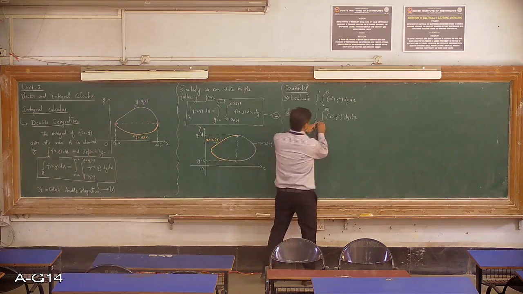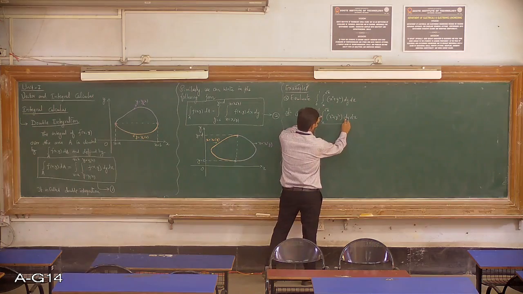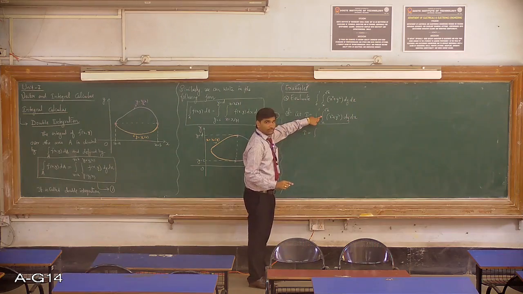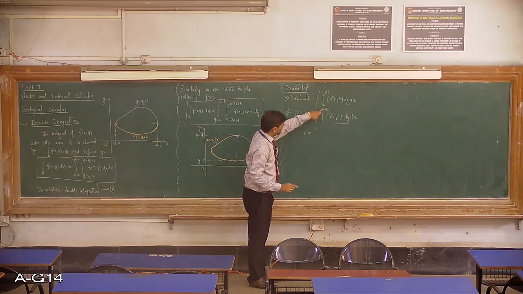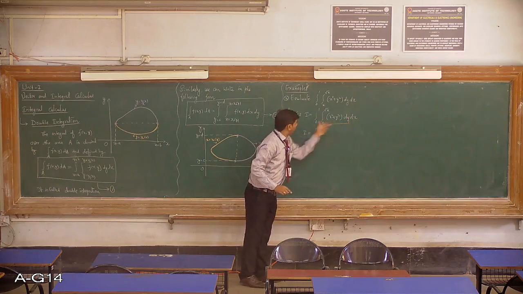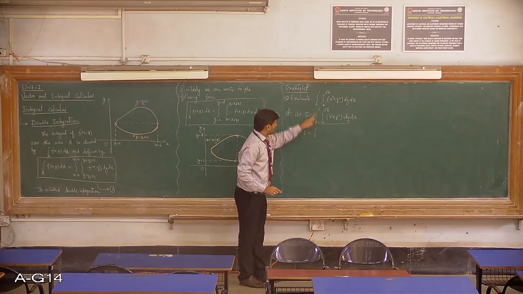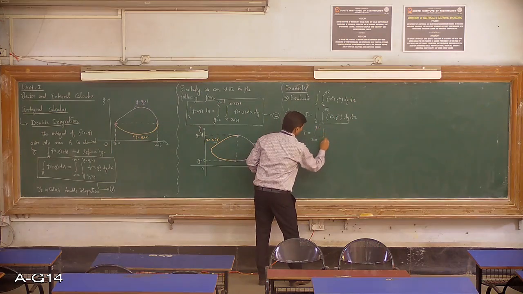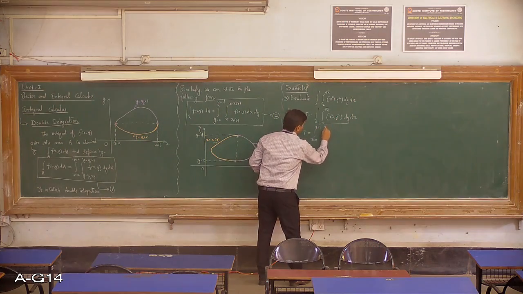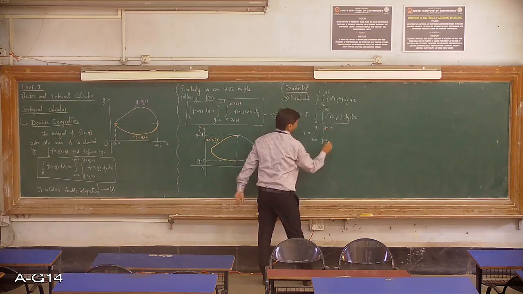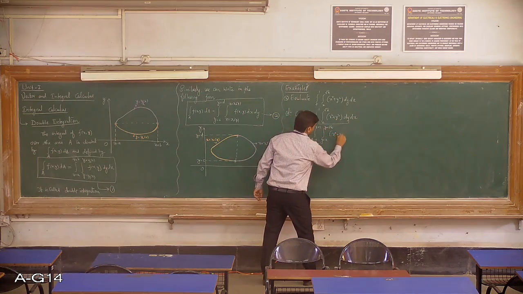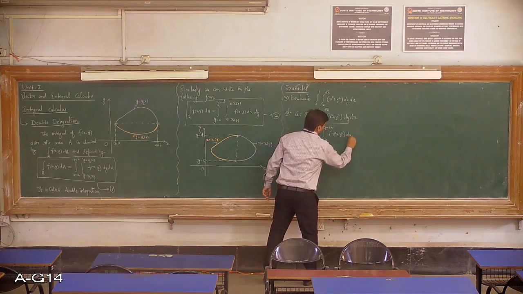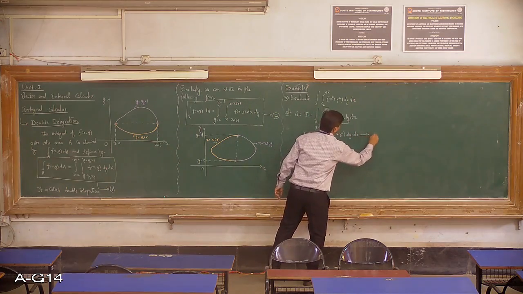Here dy means the second integral is with respect to y, so y is equal to x, y is equal to root x, and this is x, so x equals 0 to x equals 1. So write x equals 0 to x equals 1, y is equal to x, y is equal to root x, x square plus y square into dy into dx, call it equation number 1.